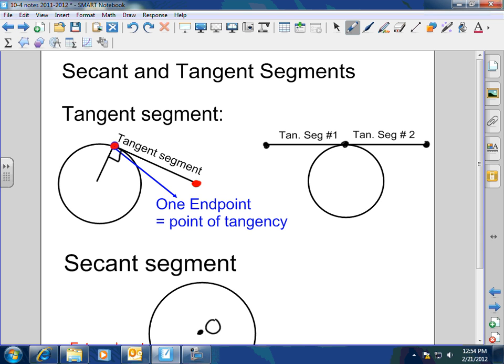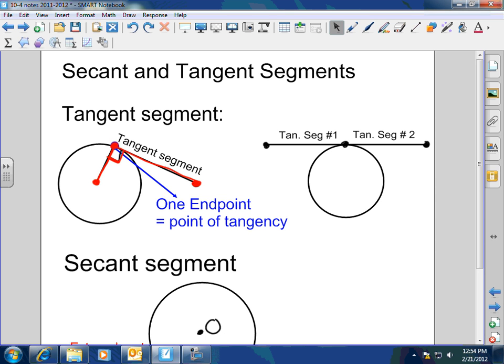How can I prove that that's a tangent segment? Well, if I take the center and I follow my radius to the point of tangency, and I create a right angle there, if they're perpendicular, that is proving that this is a tangent segment. Does that make sense?